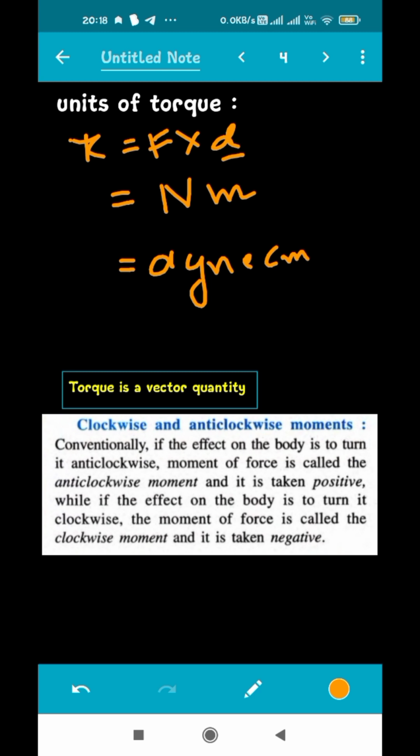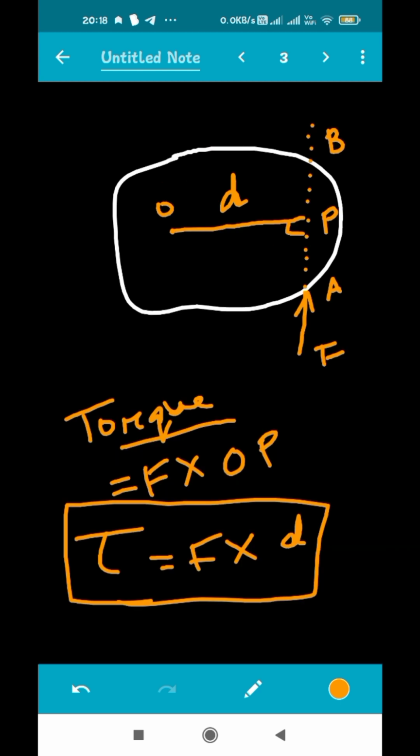Now torque is a vector quantity. We just saw that depending upon the point of application of the force, we can determine the direction of the moment of force, because if we consider force in this direction, that means force is applying like this. This is the direction of the force at every point. That means the object will move in an anti-clockwise direction, isn't it?